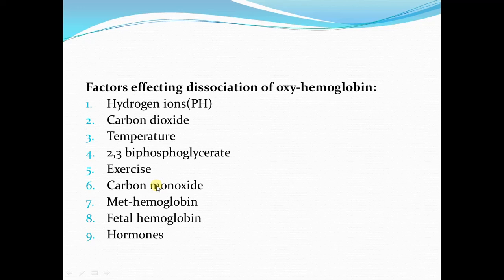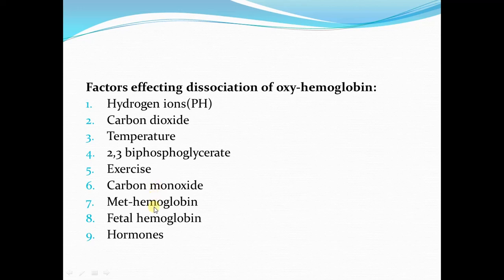I am repeating this point, that carbon monoxide has the capability to bind with the hemoglobin. By binding with the hemoglobin, the first thing that it does is it reduces the amount of oxygen which is bound with the hemoglobin. And the second effect of carbon monoxide is to decrease the release of oxygen from the hemoglobin. So by decreasing the release of oxygen from the hemoglobin, it will shift the curve to the left side.